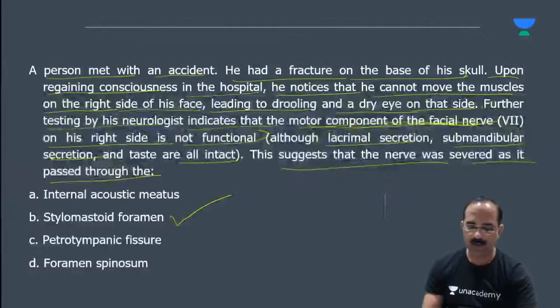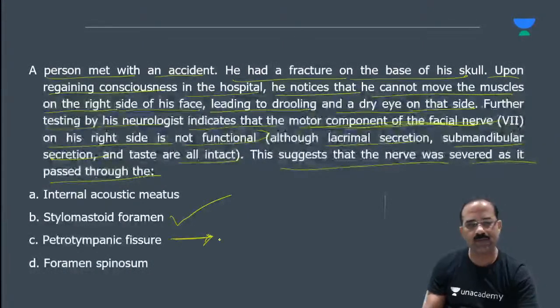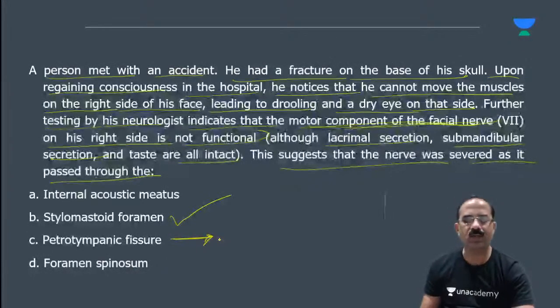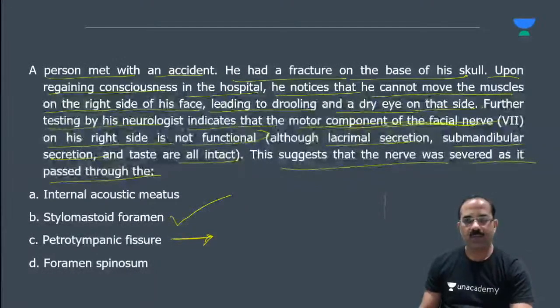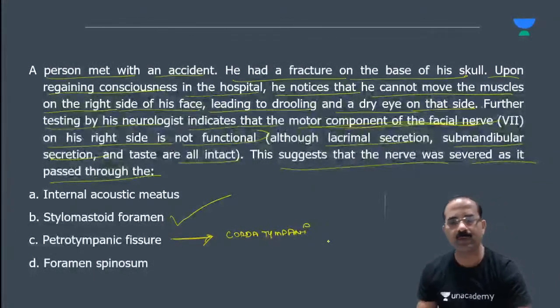I'll tell you why. But if you can quickly tell me, what comes out through the petrotympanic fissure? Can anyone answer this? Students, come on. This is the chorda tympani. The chorda tympani gets out through the petrotympanic fissure.